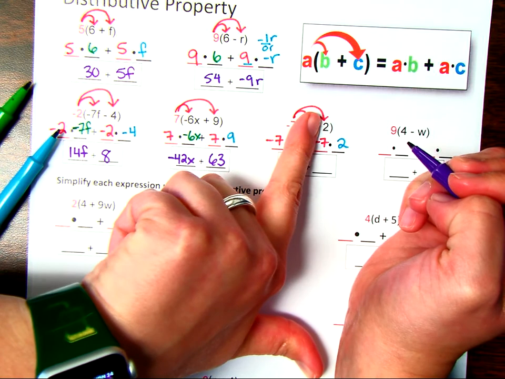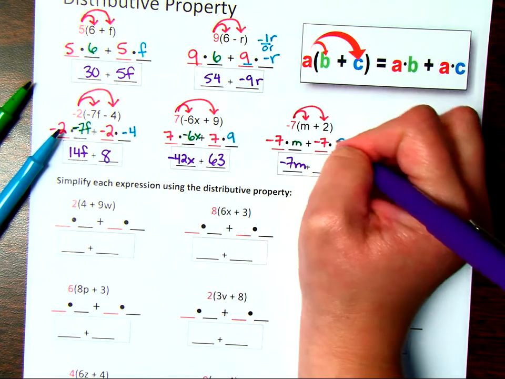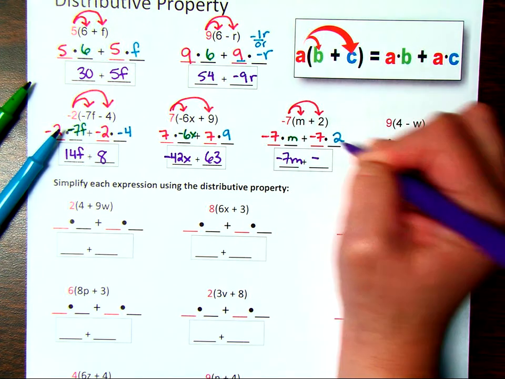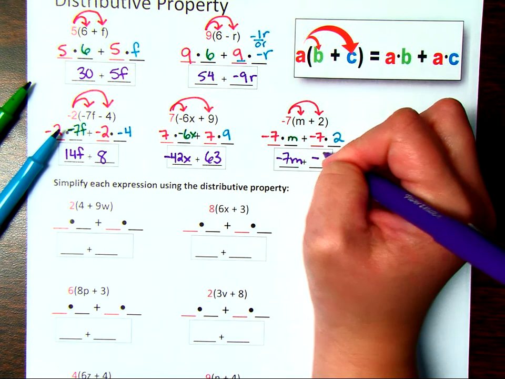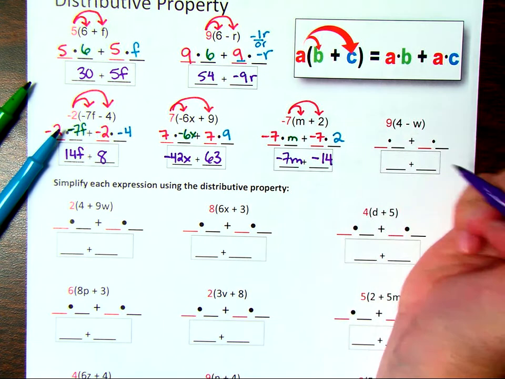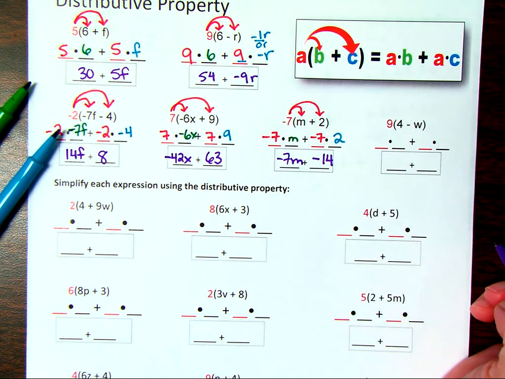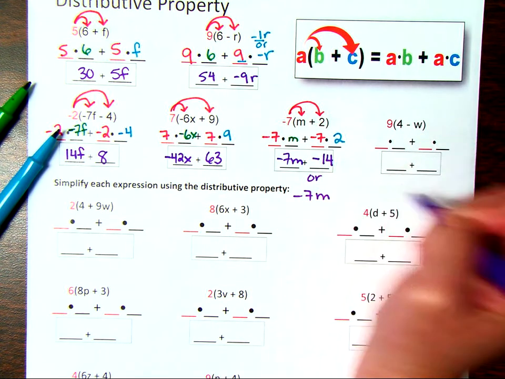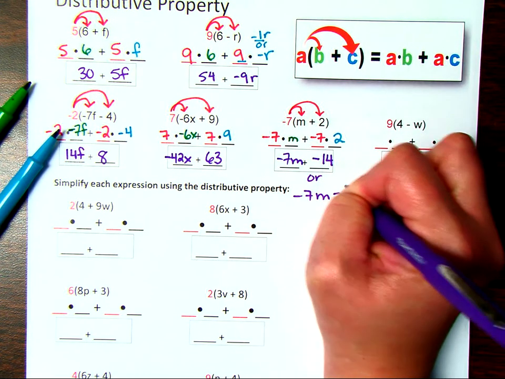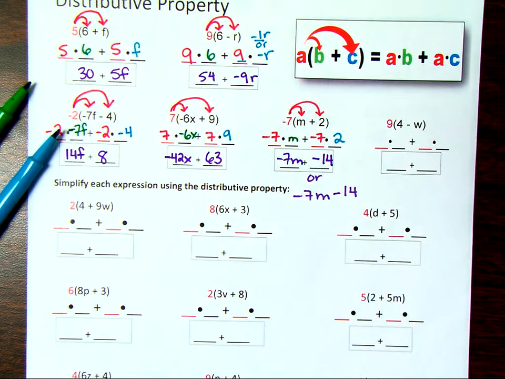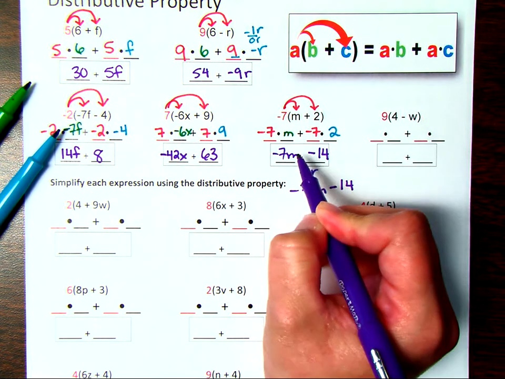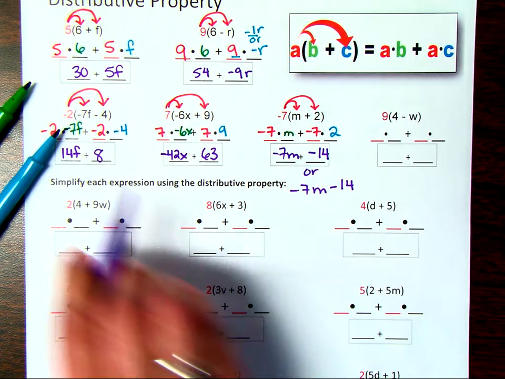Negative 7 distributed to positive 2, or negative 7 times positive 2. Negative times a positive is a negative, and then you do the math like normal. 7 times 2 is 14. So you could write negative 7m plus negative 14, or you might see it written this way, negative 7m minus 14. Those two mean the exact same thing. Remember, subtracting a positive is the same thing as adding a negative.